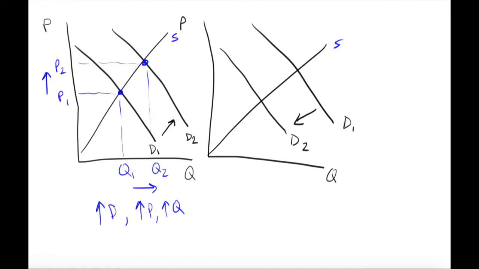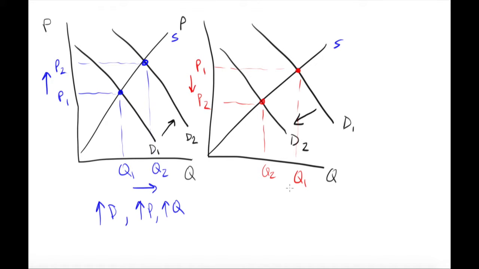Now let's look at the contrary, the situation in which we shift leftward. Here the supply intersects the demand curve here, and in the second case it intersects here. Comparing the two, we have the first quantity here, the second quantity here, the first price here, and the second price here.